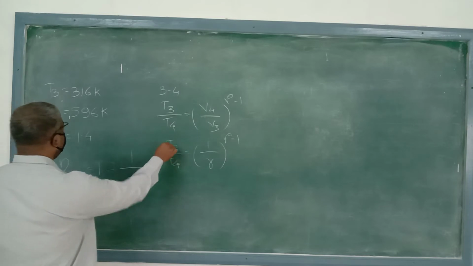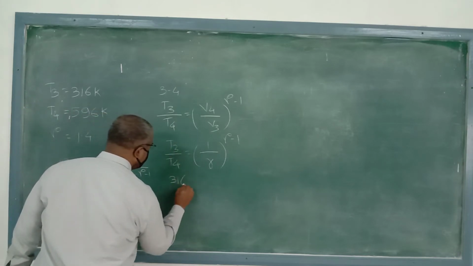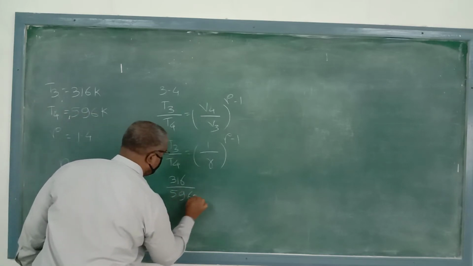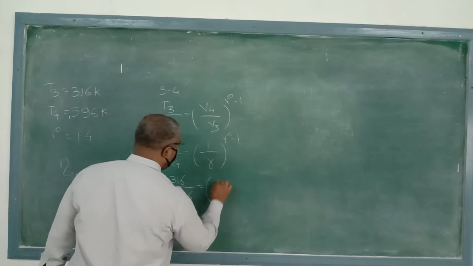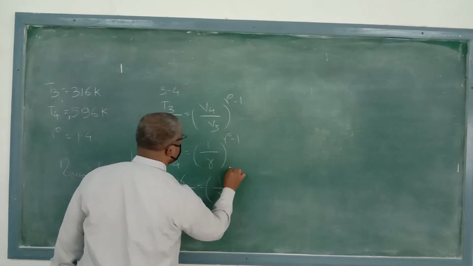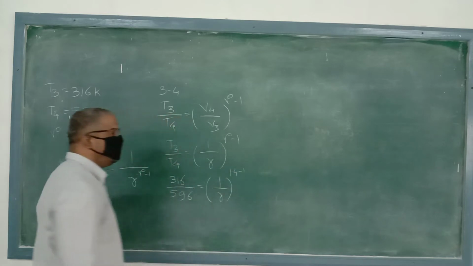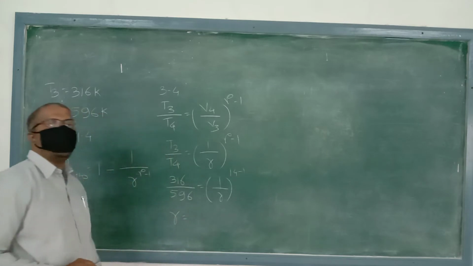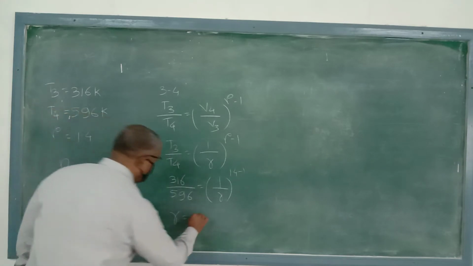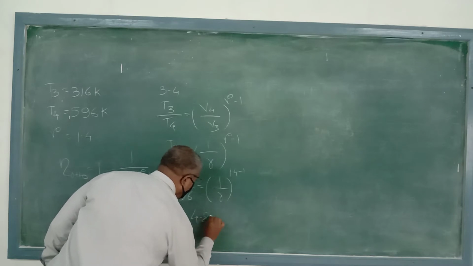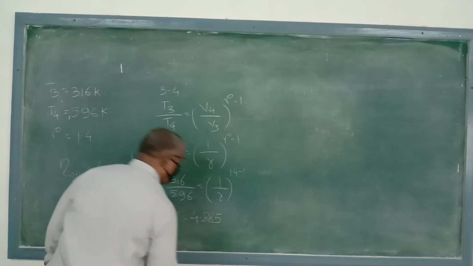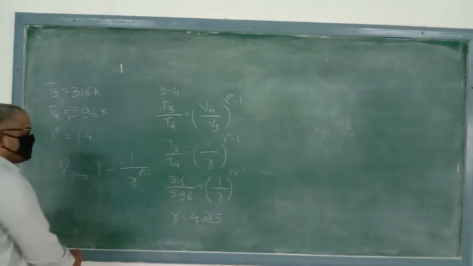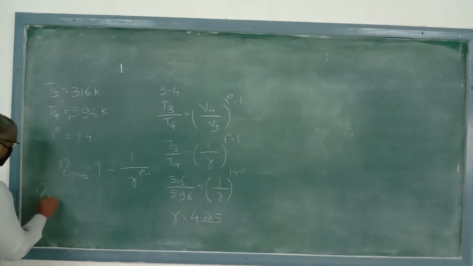Here T3 is known, 316 Kelvin, T4 is given, 596 Kelvin, and gamma is given as 1.4. So we can calculate the value of r, and the value of r becomes 4.885.